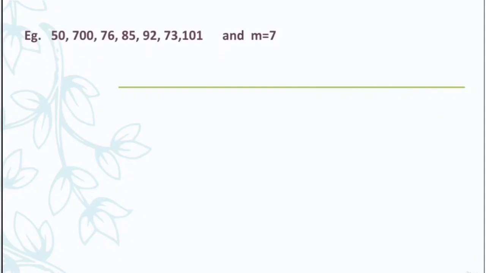Let us consider that I have the key values as 50, 700, 76, 85, 92, 73 and 101. These are all my key values, that is k, and m equals 7, that is, the size of my array is 7. By separate chaining we have h of k equals k mod m, where k is the key and m is the size of the array.